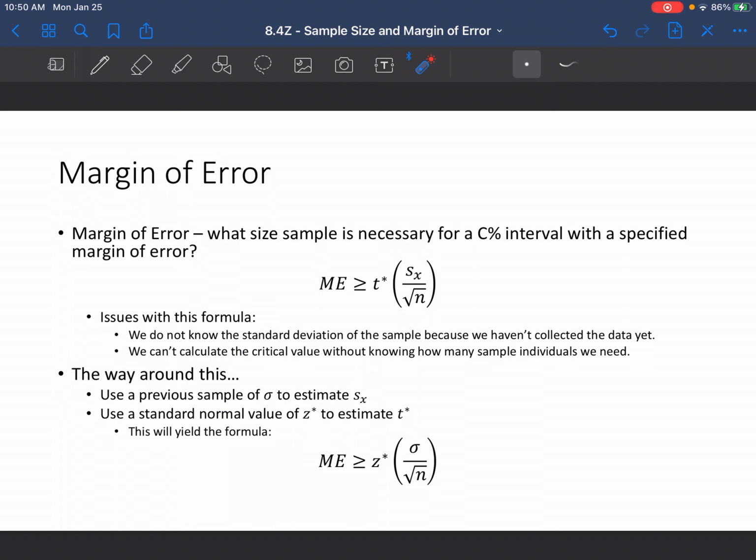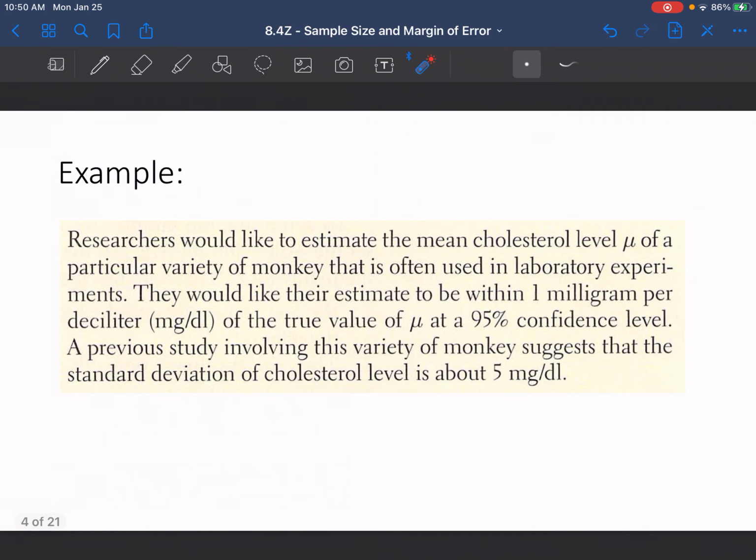So we have to use another formula. We use a previous sample standard deviation to estimate our standard error, and we use a standard normal value of z to estimate t. So we use our z-table instead of our t-table to estimate this critical value, and we use this formula instead to answer these margin of error questions.